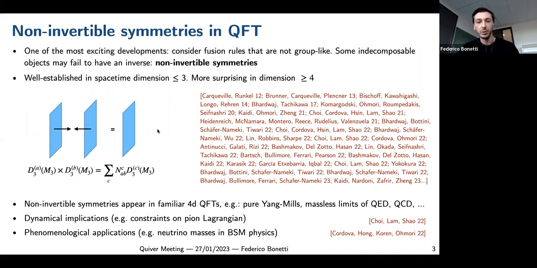For instance, there was some application to the effective pion Lagrangian, just to give you an example. And people have already considered some possible phenomenological applications as well, for instance in the context of neutrino physics. So this seems to be, in a sense, the tip of the iceberg, and therefore it's quite exciting and very interesting to try to learn more about non-invertibles in 4 dimensions.